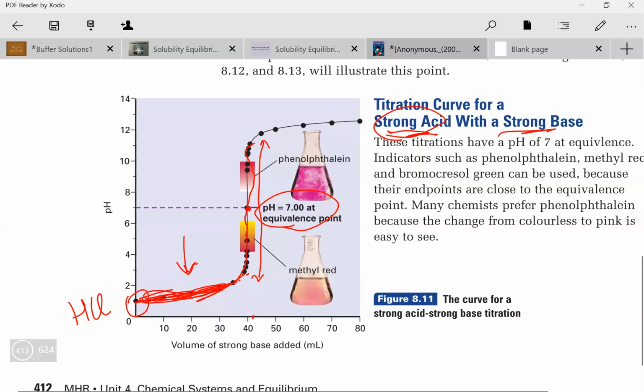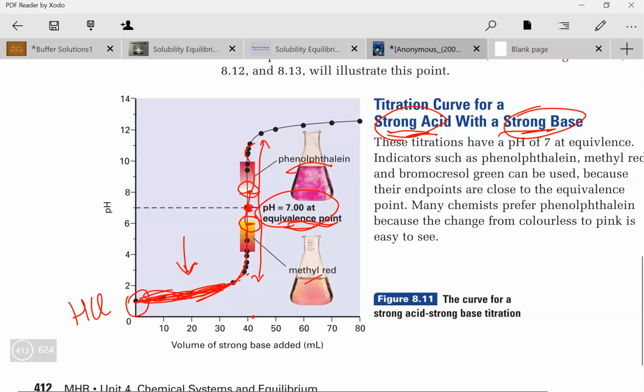That makes sense because you're having a strong acid, strong base, and like we just mentioned, those don't have the equilibrium set up to accommodate pH changes. We learned the difference between the equivalence point, where the number of moles of acid equals the number of moles of base, and the end point of the titration, where there's an actual color change from your indicator.